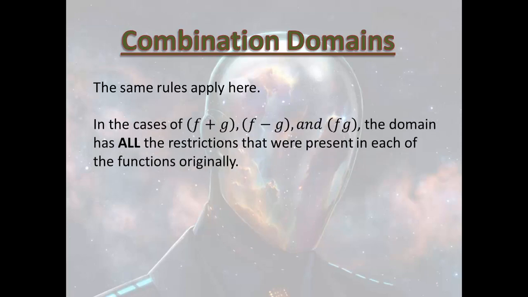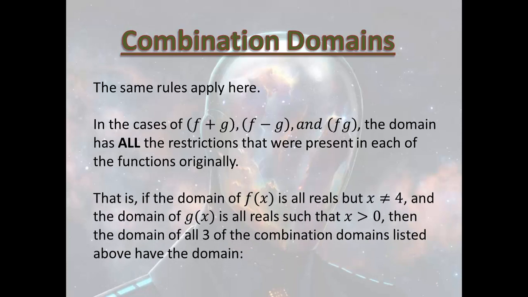In the case of f plus g, f minus g, and f times g, the domain has all of the restrictions that were present in each of the functions originally. Okay? That's for the plus, the minus, and the multiplication. So any restrictions that there were in f of x to begin with, or g of x to begin with, will still be present in your final domain.